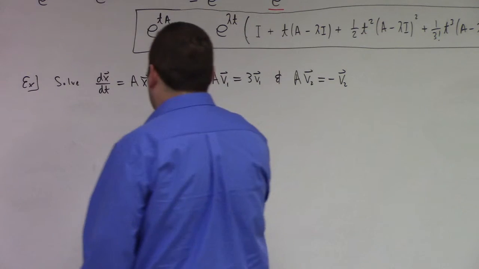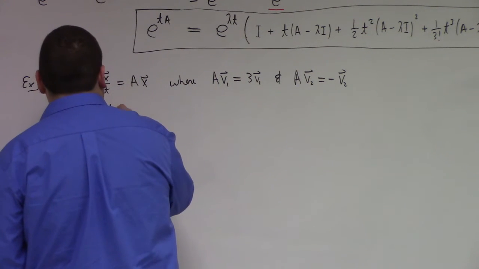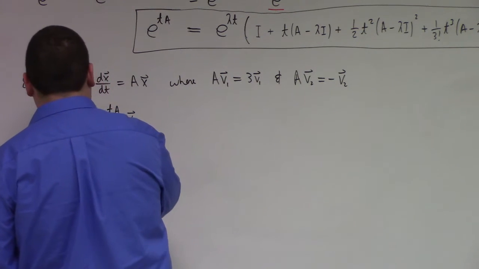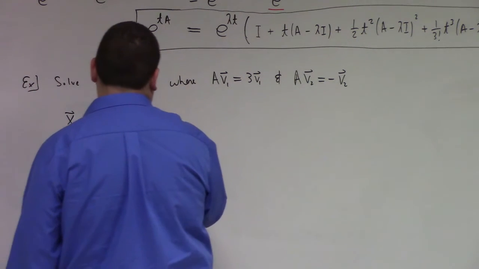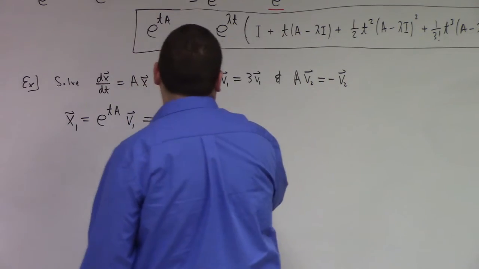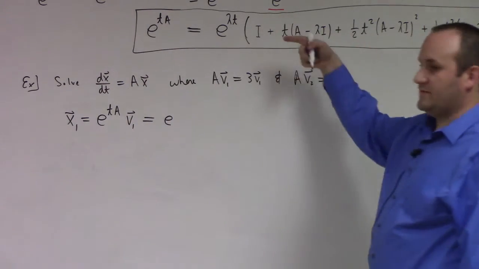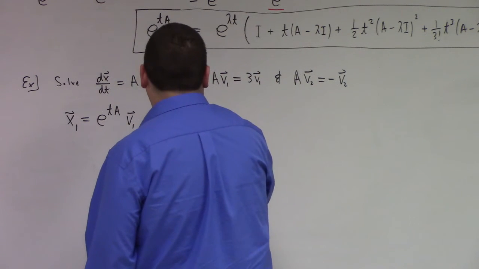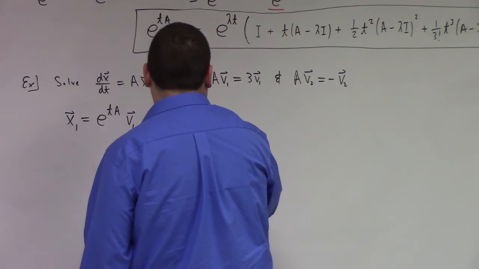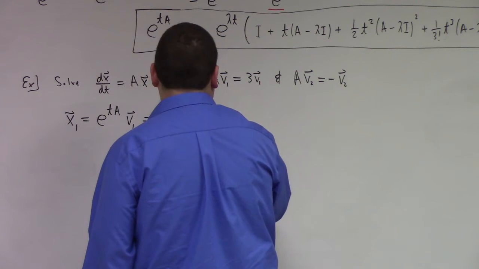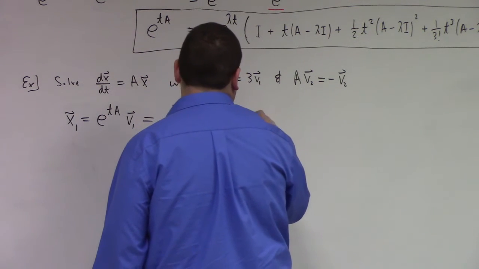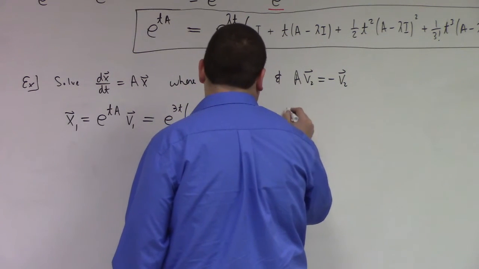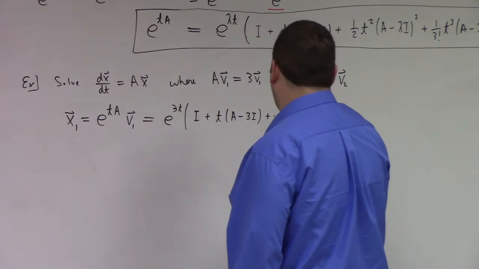All I need. See, if I look at e to the ta times v1, what do I get? We put lambda equals 3 in the magic formula. So this gives me e to the 3t, and I'll write it out a few times. Once you understand the magic formula, you don't have to write it down. You can just use it. I only write that much because I don't need to write more.